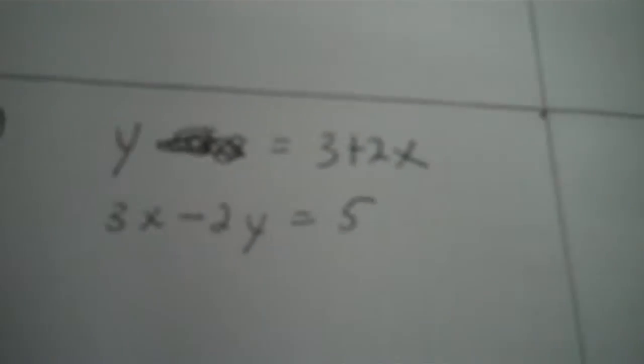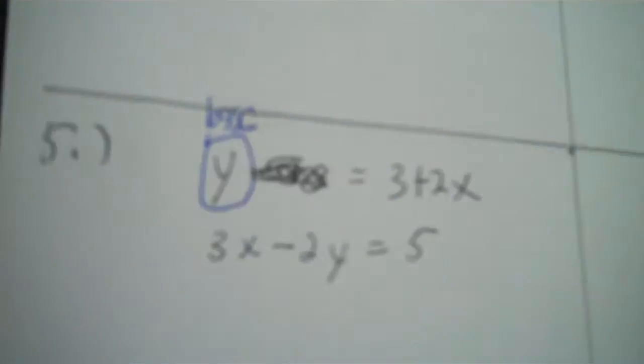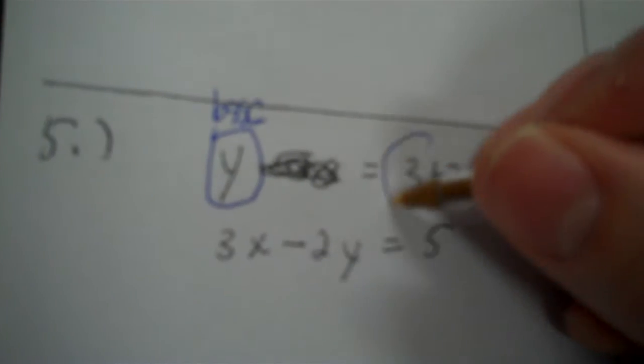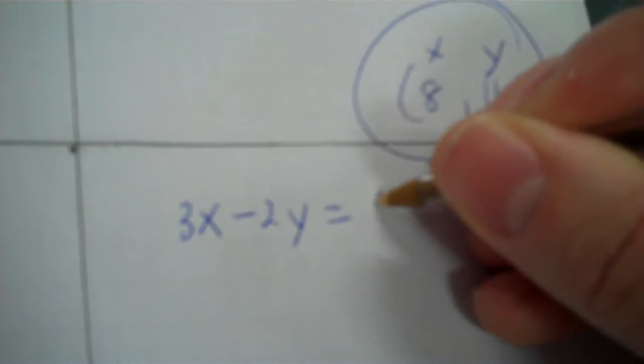Okay, number 5, y equals 3 plus 2x, and then we have 3x minus 2y equals 5. So again, we're finding the crossing point, and we have a letter by itself, the y. So that's going to serve as our base. Remember, x can be the base too, and 3 plus 2x is the replace. Okay. Now write your other equation. 3x minus 2y equals 5.